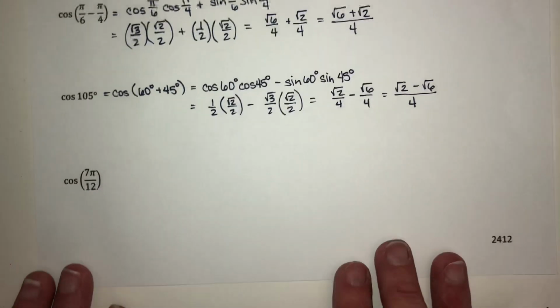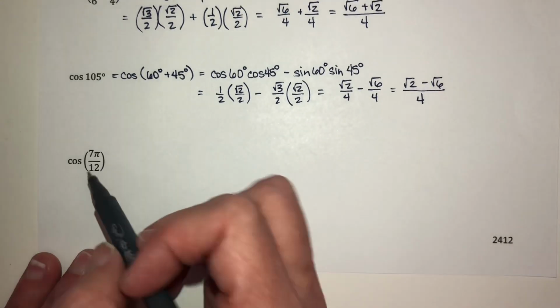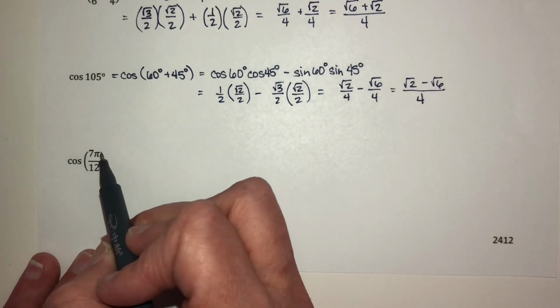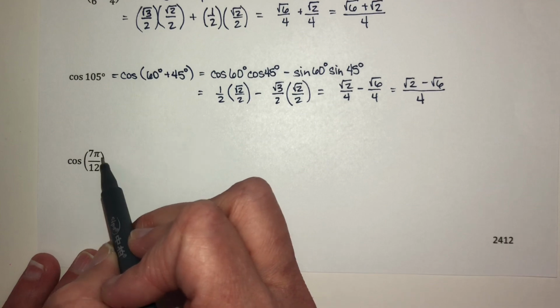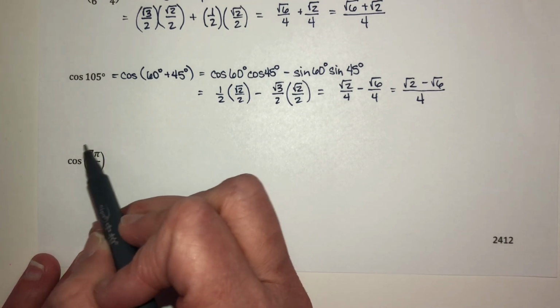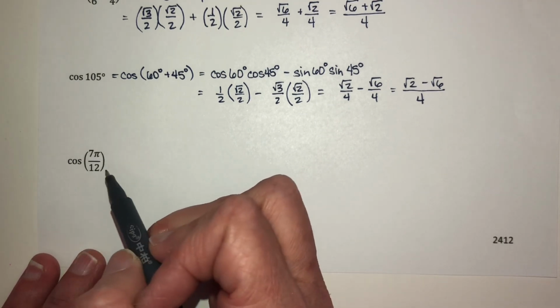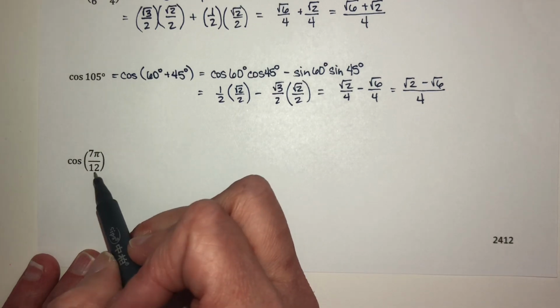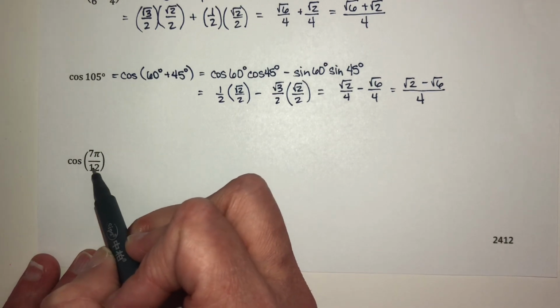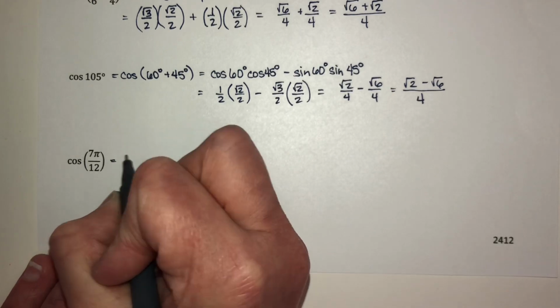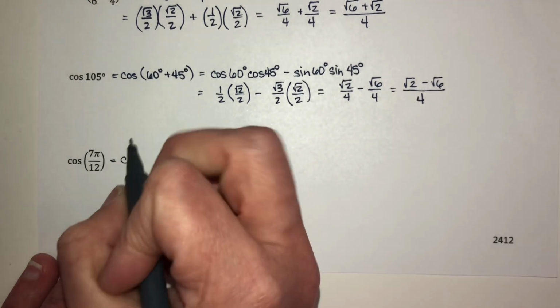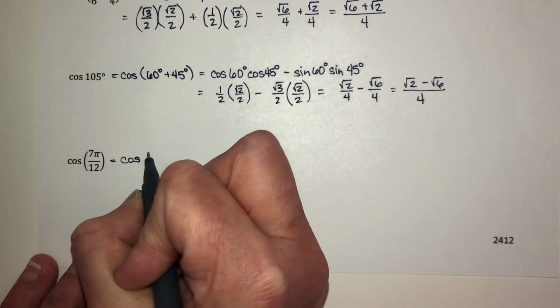Okay, so let's do the same thing, but with a radian measure. If we want to find cosine of 7 pi over 12, I need to rewrite this fraction in terms of two angles that we know. And when your common denominator is a 12, that tells you for sure that you're going to have a pi over 4 in there.